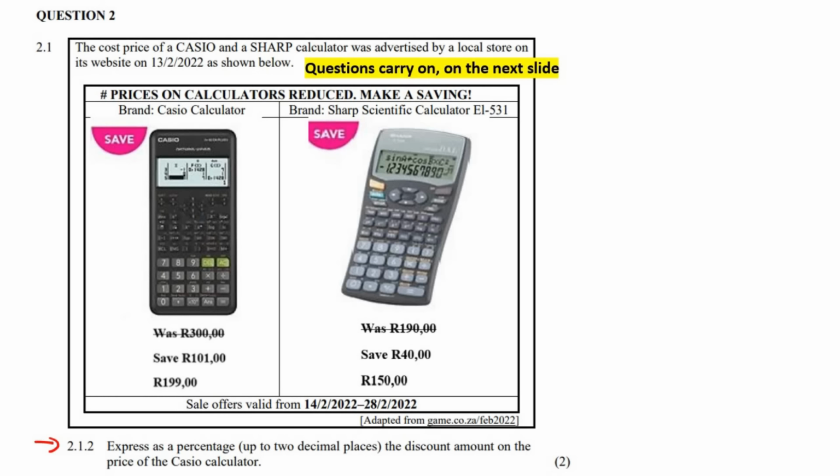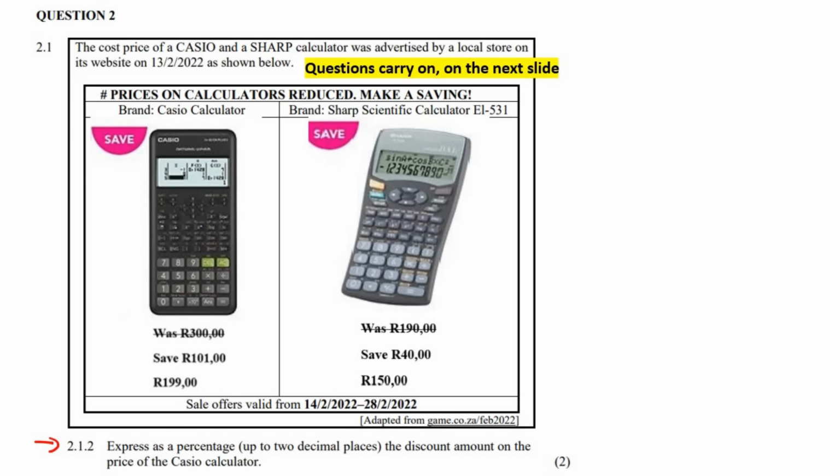4.75. This question says, express as a percentage, up to 2 decimal places, the discount amount on the Casio. Okay, so the discount. So the discount is, how much are they decreasing the price by? They're decreasing it by 101 Rand, okay? And what was the original? 300.